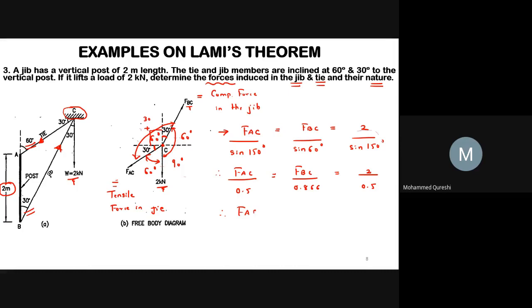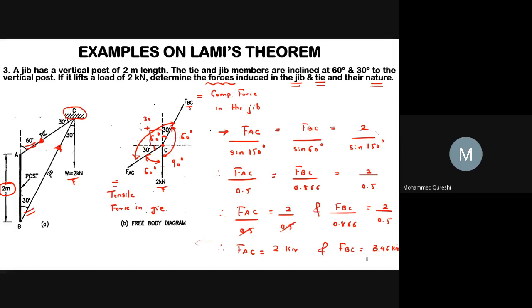Therefore, FAC upon 0.5 equals to 2 upon 0.5 and FBC upon 0.866 equals to 2 upon 0.5. So you will get the value of FAC as 2 kilonewton and value of FBC as 3.46 kilonewton.